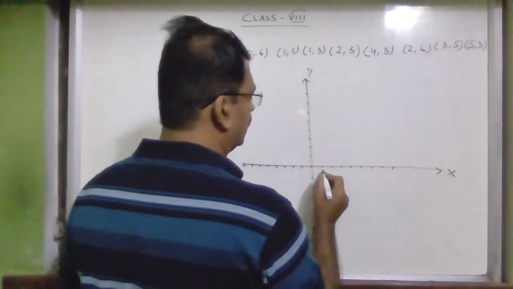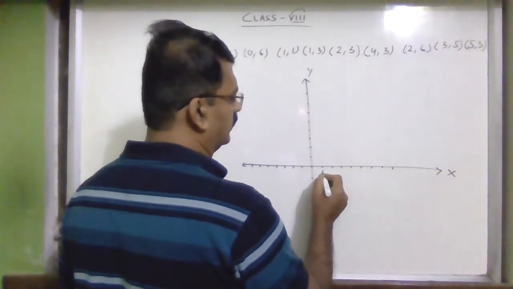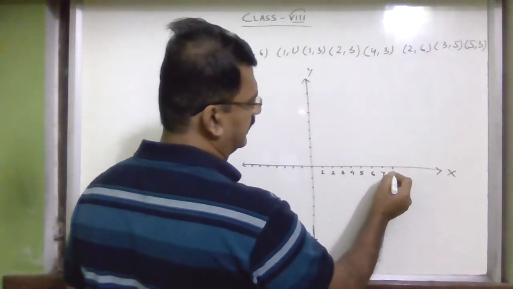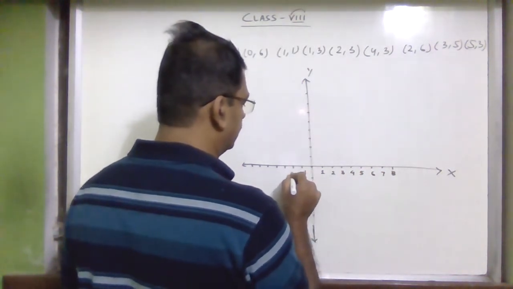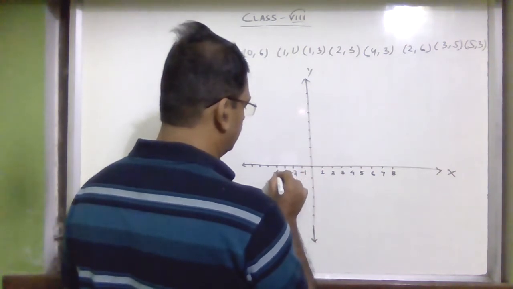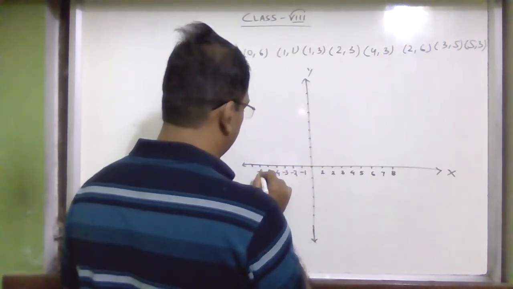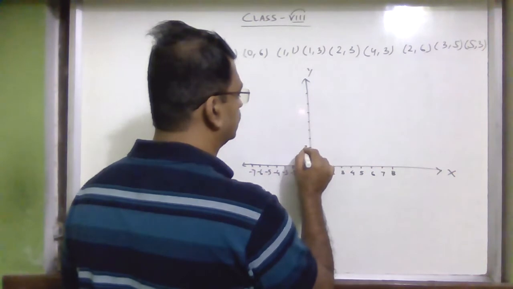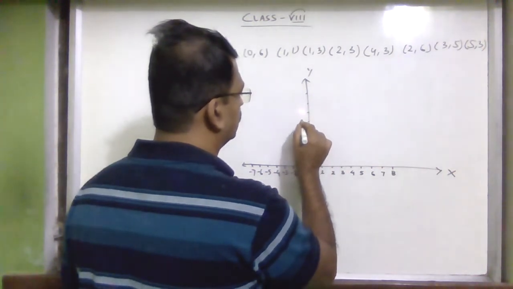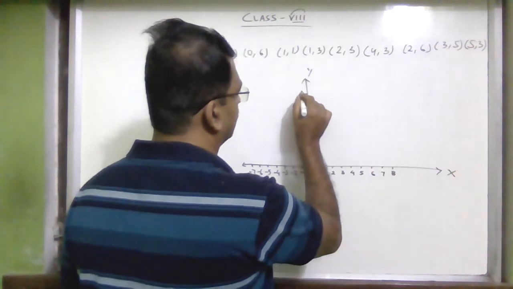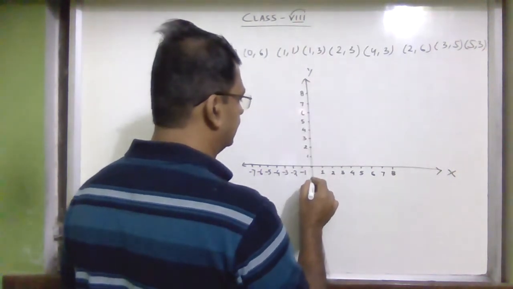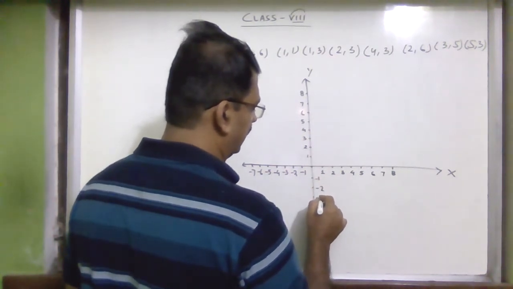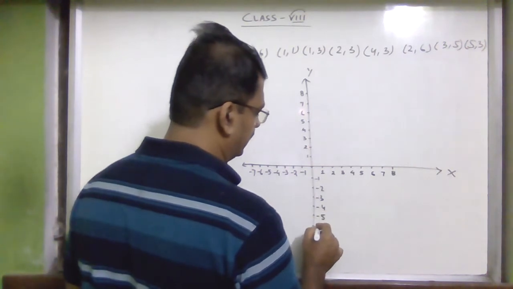This is the origin. So this is x equal to 1, 2, 3, 4, 5, 6, 7, 8. On this side -1, -2, -3, -4, -5, -6, -7. Then 1, 2, 3, 4, 5, 6, 7, 8, and then here it is -1, -2, -3, -4, -5, -6.